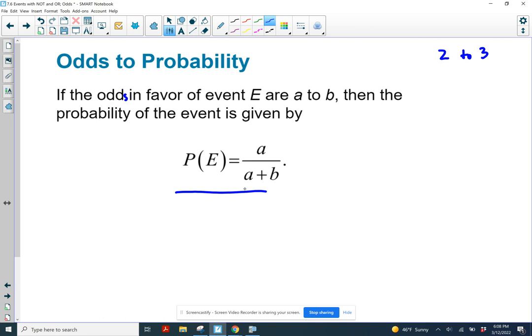So if the odds of my team winning are 2 to 3, the probability that they win is 2 out of 2 plus 3, or 2/5. Okay? All right, so this little formula is how we switch odds to probability.